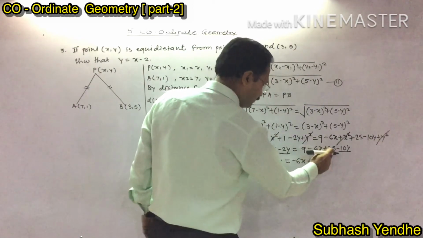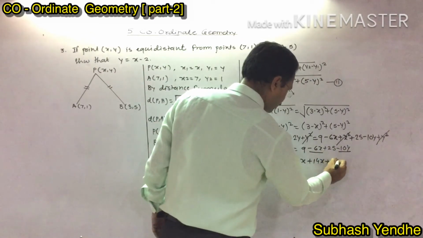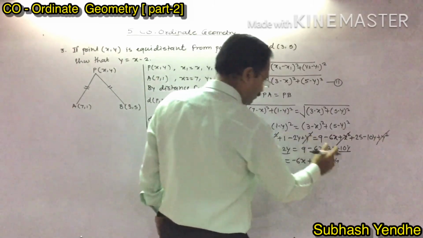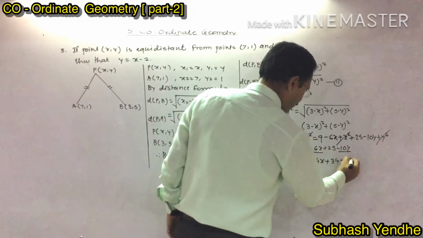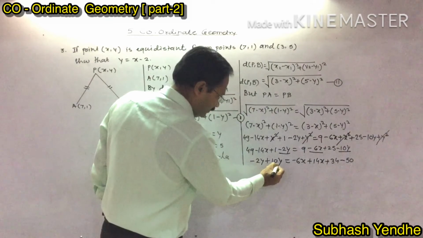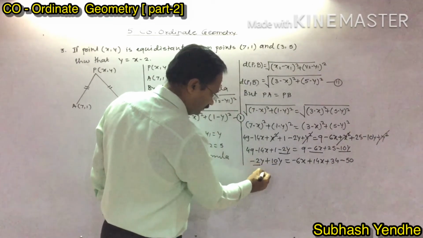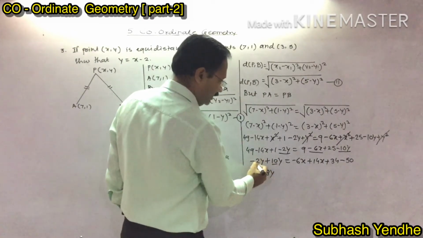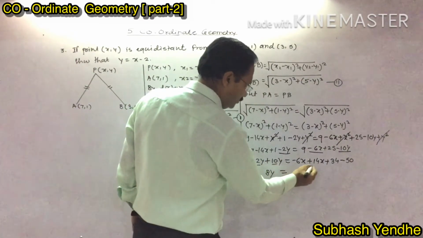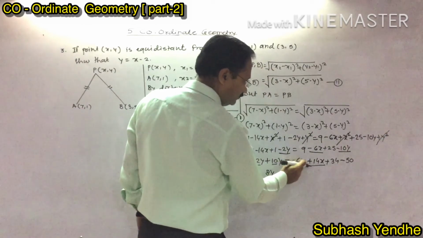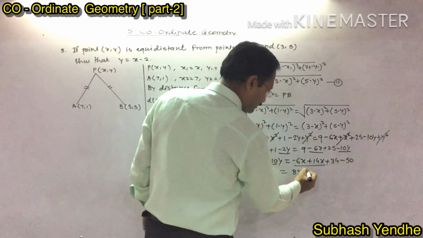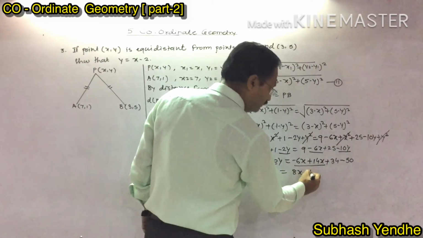Then 9 plus 25 is 34. And this is 49 plus 1, 50. It goes on that side, so it will be minus 50. Signs are different, so subtraction and give the sign of the larger number. So you will get 8y equals, again this will be plus 8x and this is minus 16.